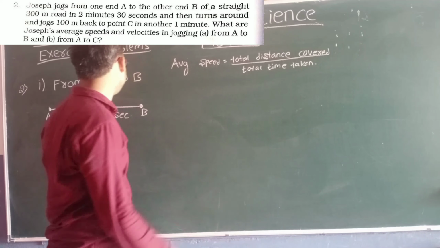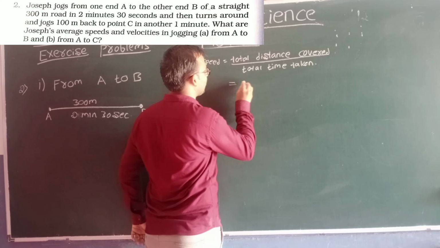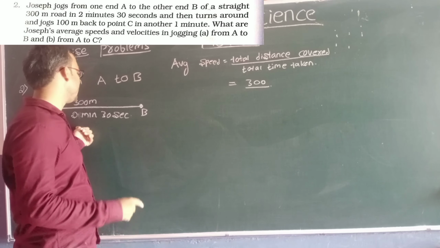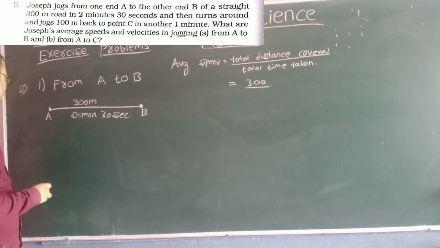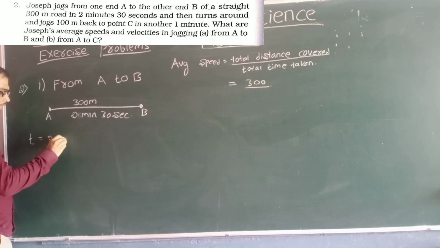Now look, students, what is the total distance? 300. So the total distance is 300. And what is the total time? 2 minutes 30 seconds.